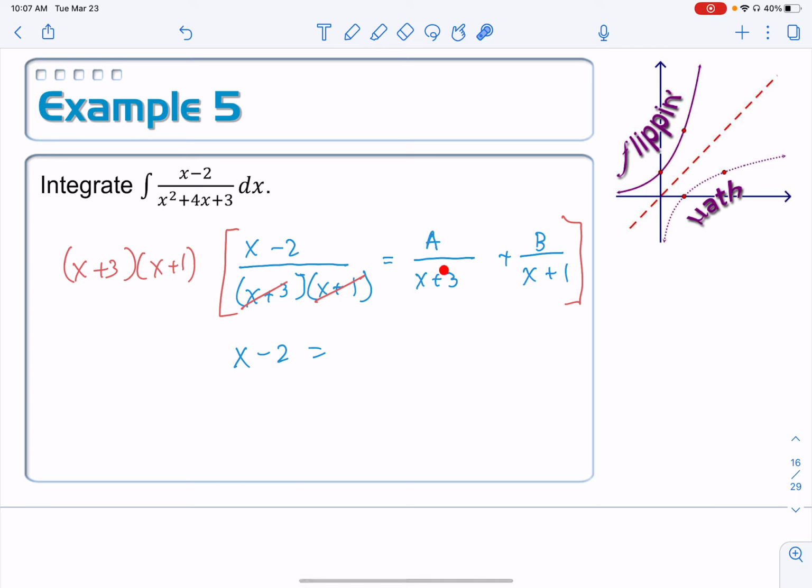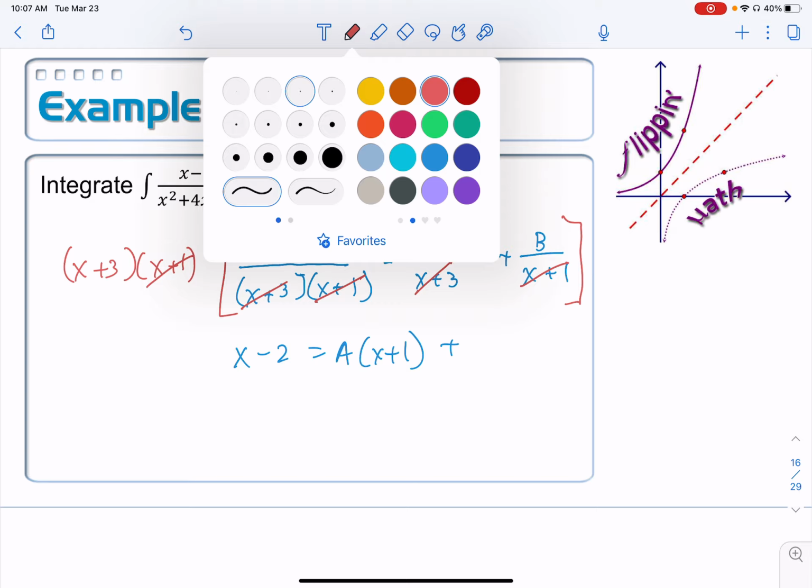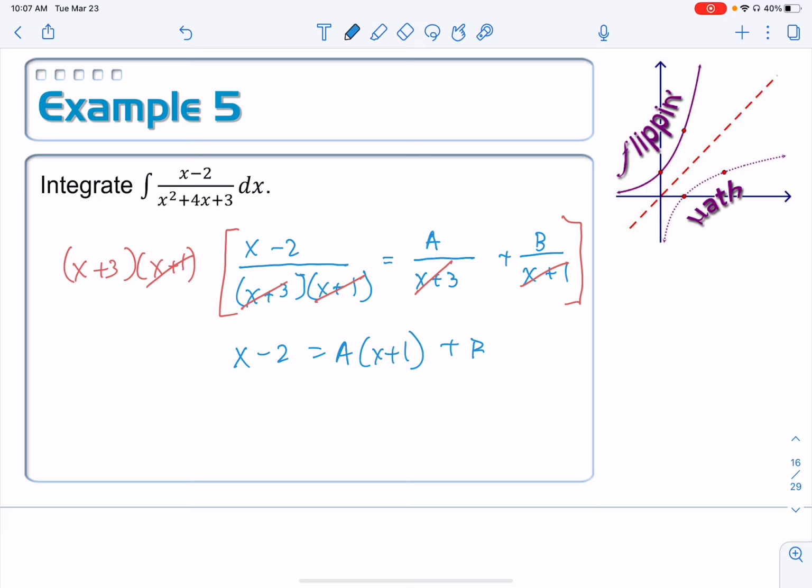On the right side, when I multiply these factors times A over x plus 3, the factors of x plus 3 are going to cancel out, leaving me with just an x plus 1, which I'll multiply times the A. And then finally, when I distribute this to the second term, B over x plus 1, the factors of x plus 1 are going to cancel, and I'm going to be left with B times x plus 3.